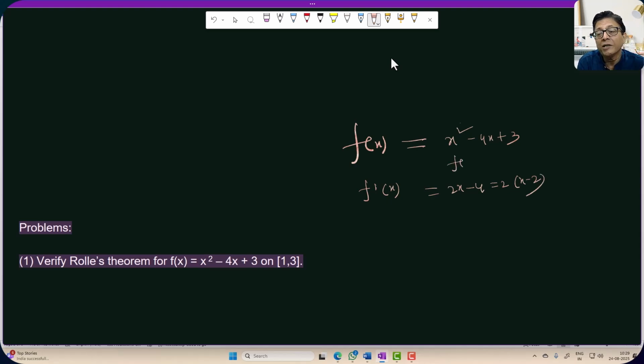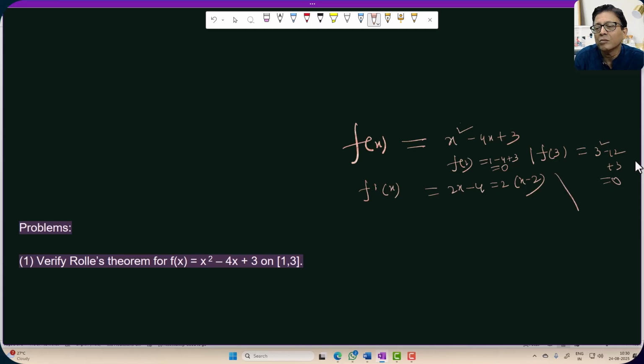And what do you observe here? f(1) is 1 minus 4 plus 3, which is 0. What about f(3)? That is also 0. Sorry, f(3) is 3 square minus 12 plus 3, which is again 0.